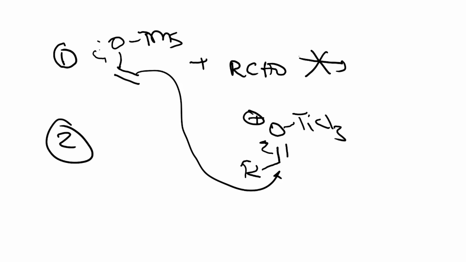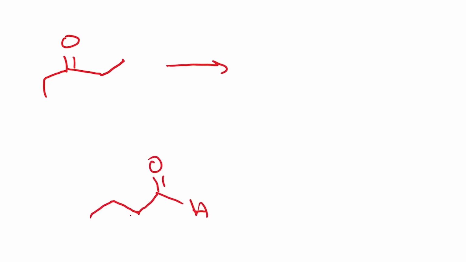Now let's look at one example. The example that we want to look at is, we start with diethyl ketone, and let's say we react this with this aldehyde. So what we would do is, step number one would be Me3SiCl in the presence of triethylamine.